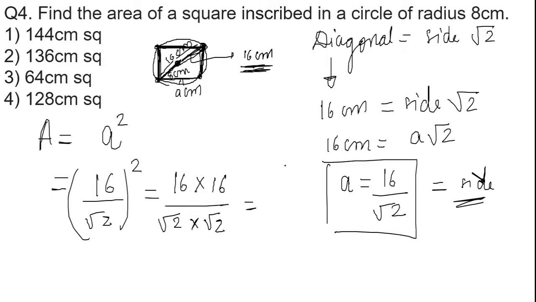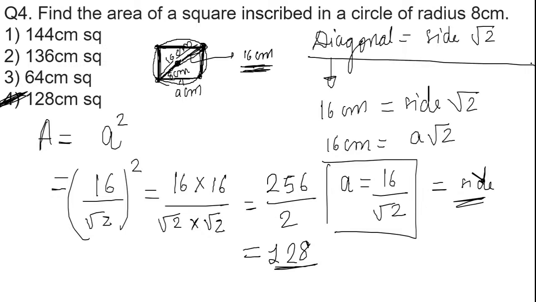Simply you can take 16 square. We know 16 square is 256, and under root 2 into under root 2 will give us 2. So 256 divided by 2 will give us 128 centimeters square here. So option number 4 is the correct answer to the given question. Again, based upon two formulas, for the square, diagonal is equal to side under root 2 and the area of square is equal to side square, we have calculated the answer.